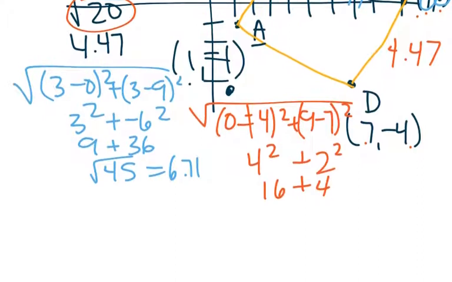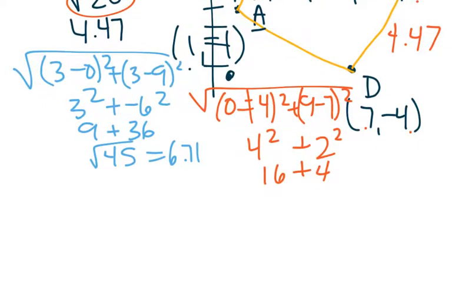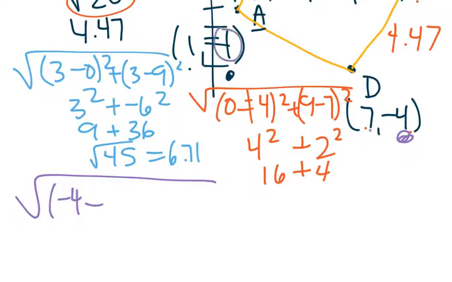Okay, then we do our last one, A and D. So square root of a y value, -4 minus a y value, -1 squared, plus an x value of 7 minus an x value of 1 squared.